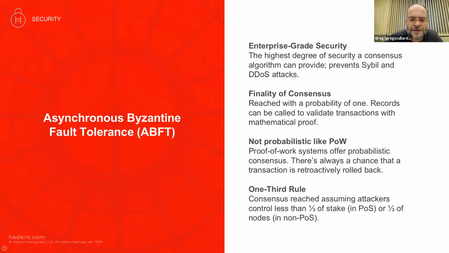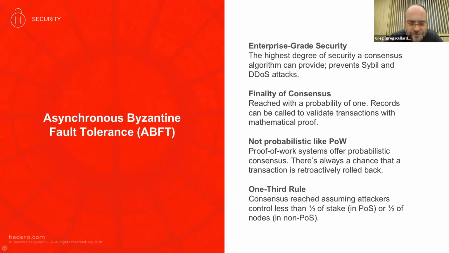Timing of message delivery is unimportant, which makes the consensus algorithm highly resilient. It also ensures consensus finality and records with state proofs that can be called to validate any transaction with mathematical proof.